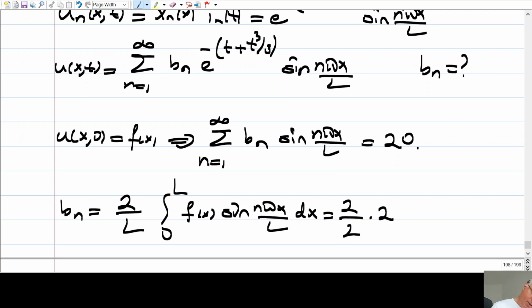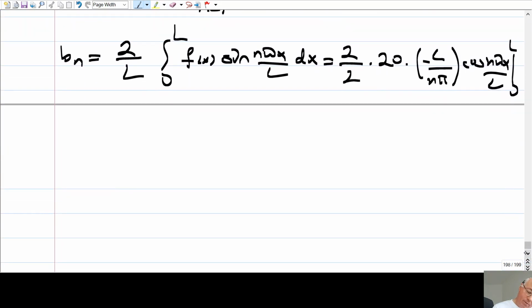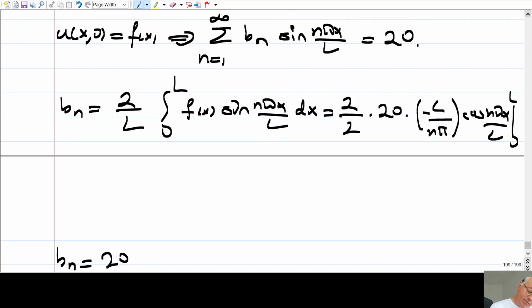f de 20 idi. 20'yi aldım. Bunun integrali de eksi L bölü n pi değil mi? Cosine n pi x over L from 0 to L. So b_n is 20 times... bir dakika, L 50 idi.